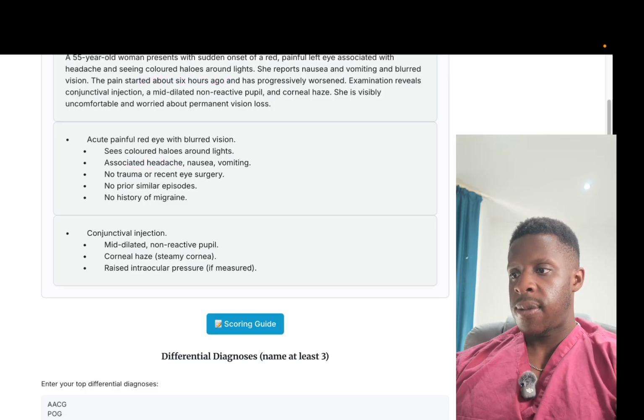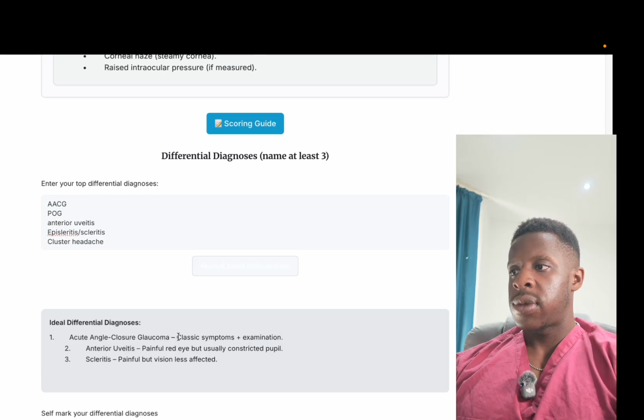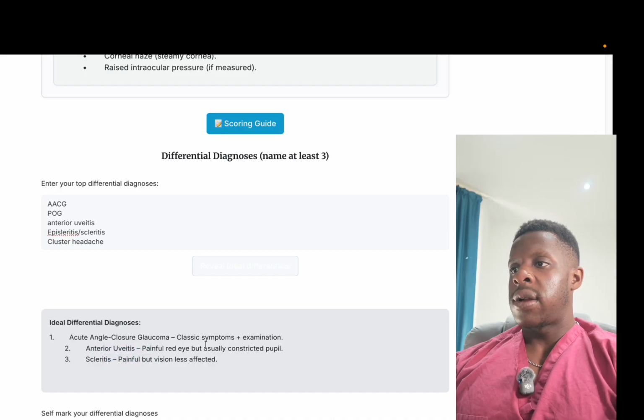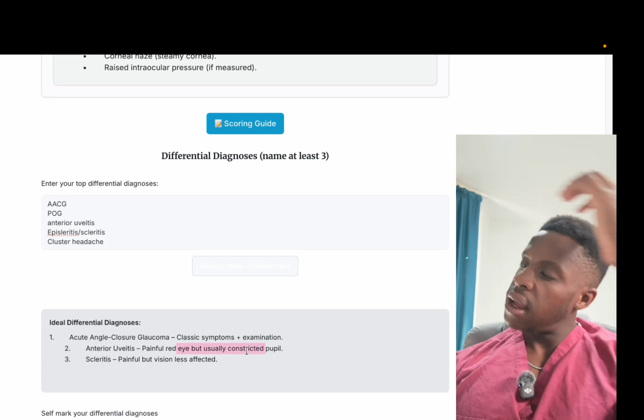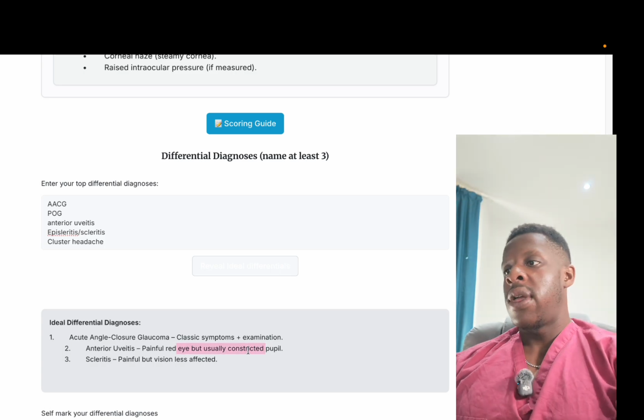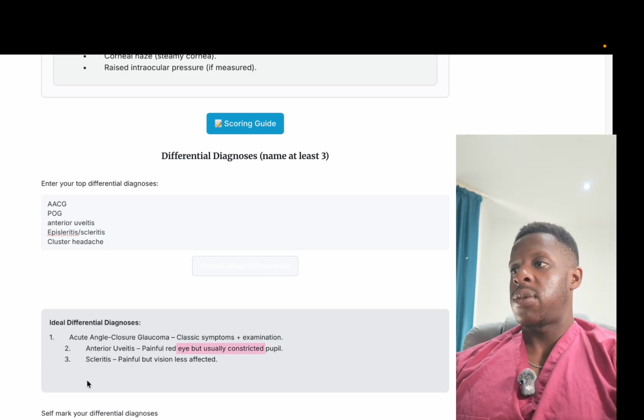Cluster headache. I've got to think laterally as well. So acute angle closure glaucoma, anterior uveitis, scleritis. Classic symptoms post-examination: painful red eye, but usually constricted pupil, and anterior uveitis is painful, but vision is less affected. So I think we got all of them there.